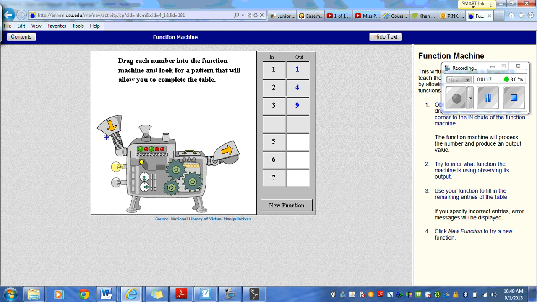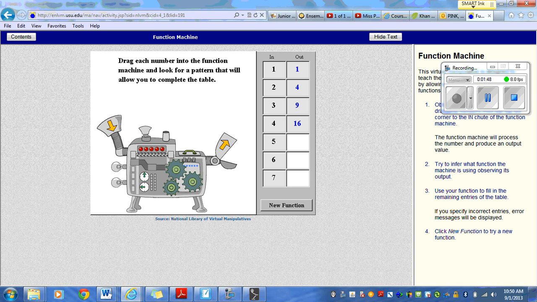If you drag a 4 into the machine, it pops out a 16. Okay, so your job is to figure out what is happening to the inputs in order for the machine to pop out the outputs. Now I'm noticing that 1 stays the same, 2 gets multiplied by 2, but 3 didn't get multiplied by 2 because that'd be 6, so that can't work. So it's got to be something different than multiplication.